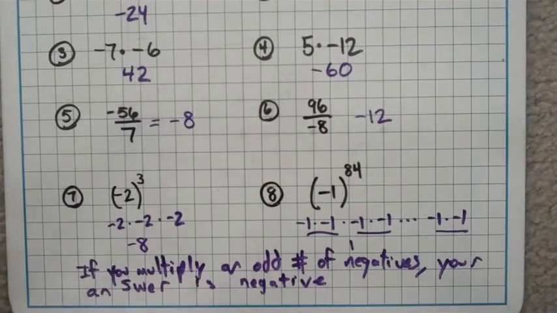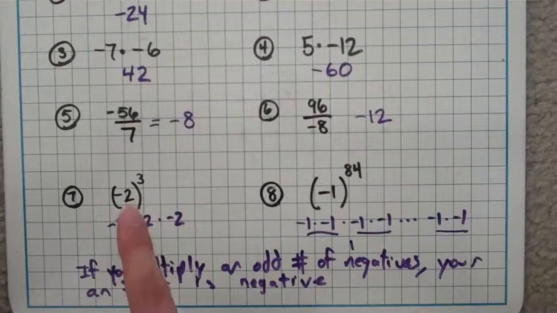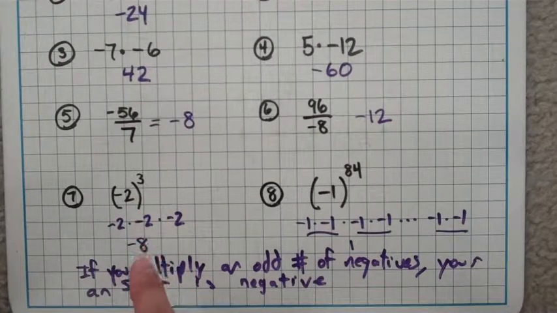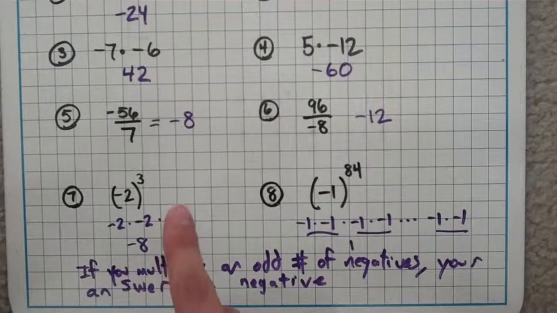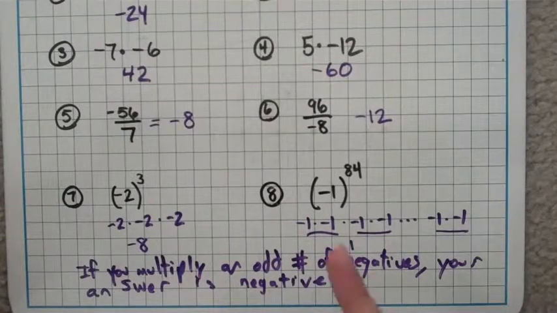And I don't have room on my whiteboard right here, but the other side of that would be if you multiply an even number of negatives, you're going to get a positive answer. Like here, negative 2 to the third power ended up with a negative because one of the negatives didn't cancel out, this guy right here. On the last one, all of my negatives paired up nicely, so I really only had a positive 1 left over.